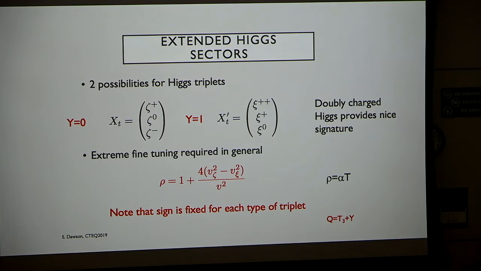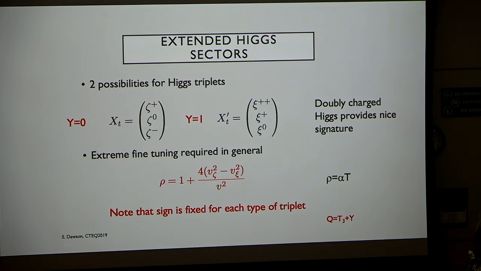So if I have triplets, the sign, S-I-G-N, of the contribution to the rho parameter is fixed, regardless of the parameters and regardless of the size of these v's and so forth. So that's kind of interesting. So if I have the Y equals 1, the rho parameter is negative, and if I have the Y equals 0, the rho parameter is positive.